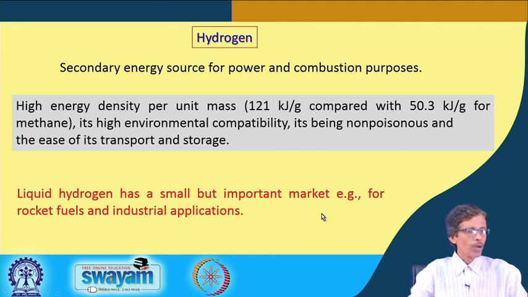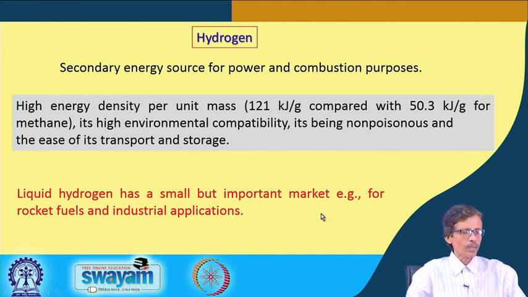Similarly, the LPG from the petrochemical processes is in liquefied form, and only then can we transport this material in the cylinder. Liquid hydrogen can have a useful market, and it can also be utilized for rocket fuels and different other industrial applications.